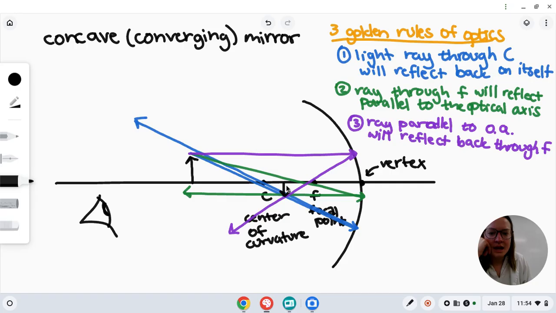And the image that you would see could be described by these adjectives. You would say, that image is not upright. That is an inverted image. Then you'd say, that image is not the same size. It's much smaller. We would say it's reduced in size.